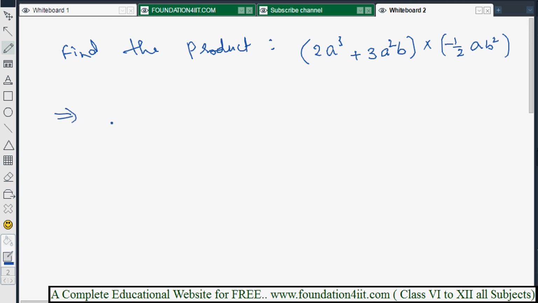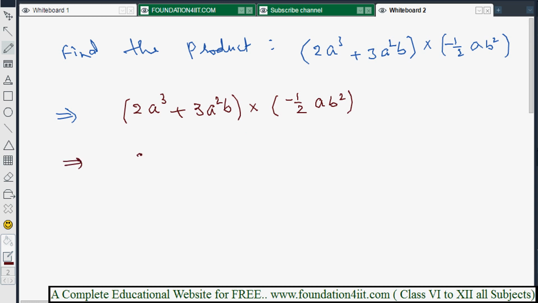Now when you come to the solution, according to the distributive law, 2a cube plus 3a square b is the polynomial. I am multiplying with the monomial minus 1 by 2 a b square. In this polynomial there are two terms. These two terms we should distribute first.